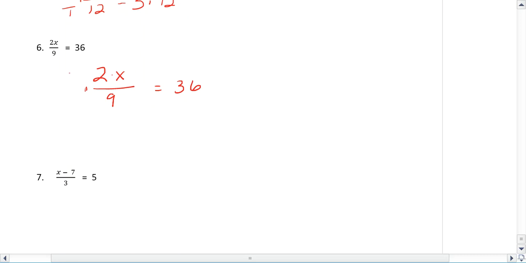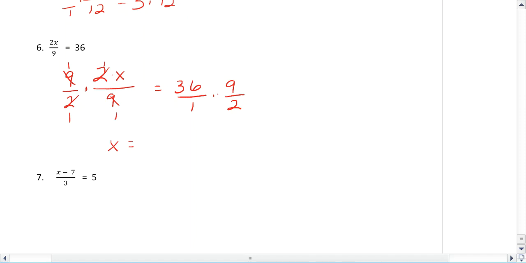The reciprocal of 2/9 is 9/2. I'm going to put this 36 over 1 just to make it clear, and then multiply this side also by 9/2. You can see what happens over here. The 9s cancel into 1s, the 2s cancel into 1s, and we're left with x.